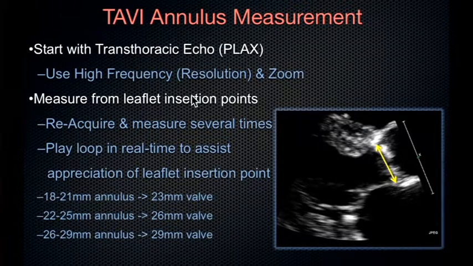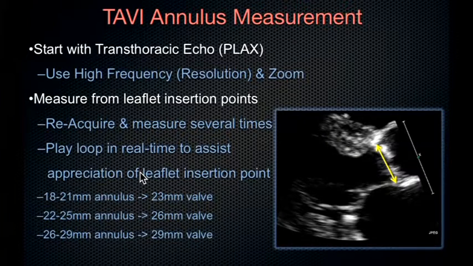And what we want to do is measure from the leaflet insertion points of the right coronary and the non-coronary leaflets. Now, sometimes with a very calcified aortic valve, it can be challenging to determine exactly where those leaflets are inserting into the annulus. So I like to play the loop in real time to assist me, and then reacquire and measure the images several times.